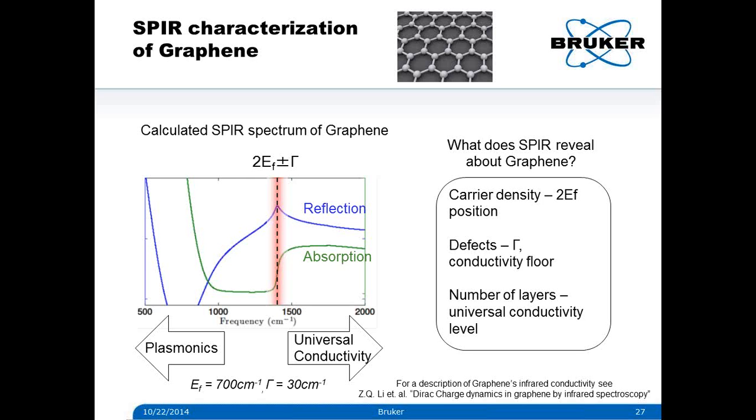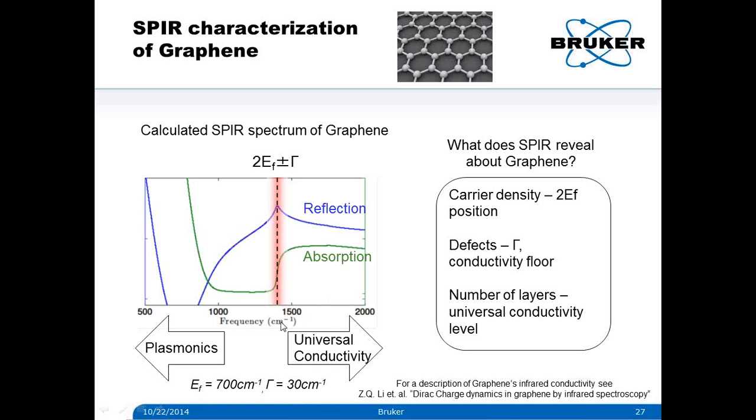And these 2 properties, Fermi energy and scattering rate, are properties that people are interested in on the nanoscale. And SPIR gives you a way to actually reveal these features. Also, the number of layers would heavily influence the height of the absorption and reflection here. So you can distinguish the number of layers with this technique.